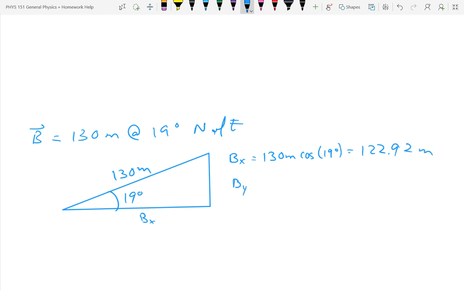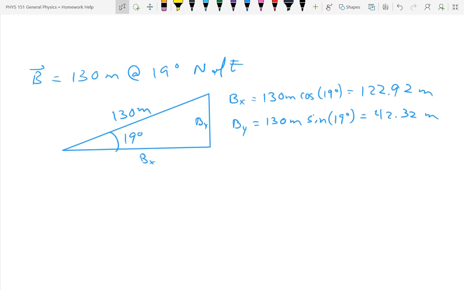And BY, that's the opposite side, so that's going to be sine. The directions of the arrows are important. Is my X going to be a positive or negative component?